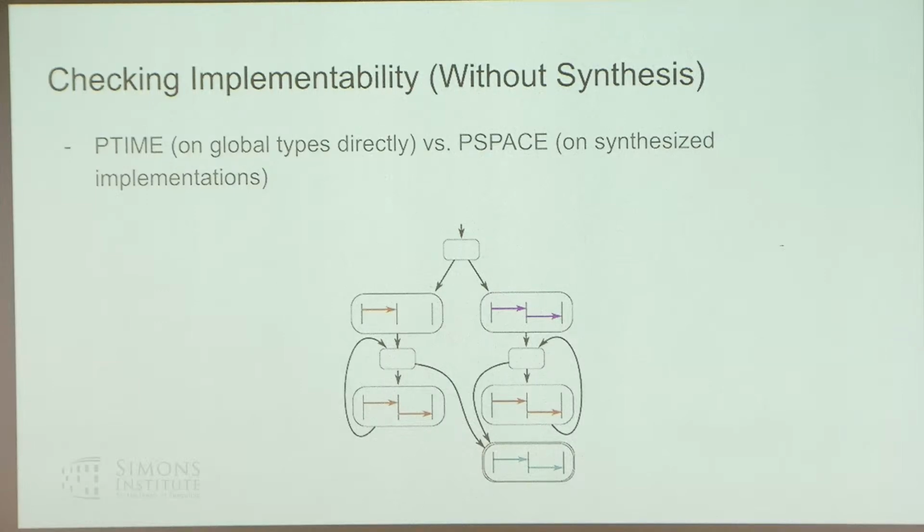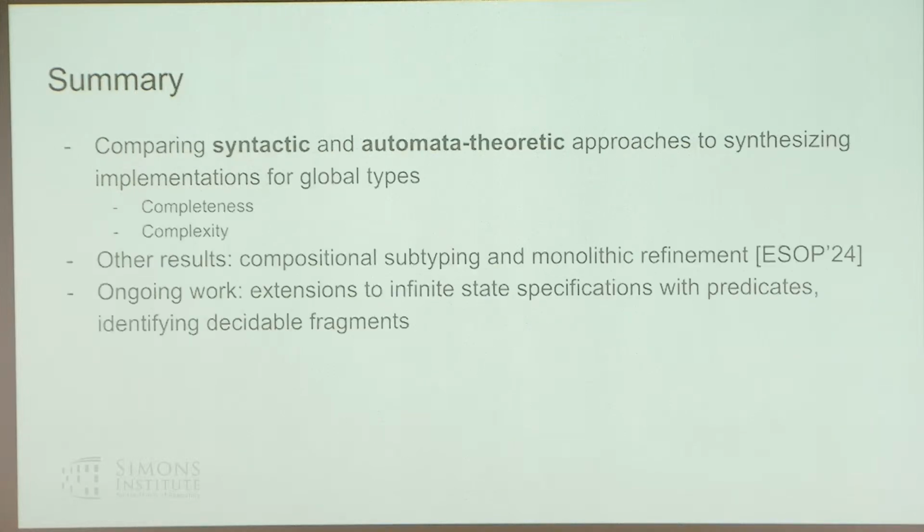You never need to possibly relate n of them, where n is the size of the global type. So in summary, I have presented and contrasted two approaches to synthesis for these global types: the syntactic and linear incomplete approach versus a more automata-theoretic approach that gives you completeness. And I have described the complexity for this new projection operator.